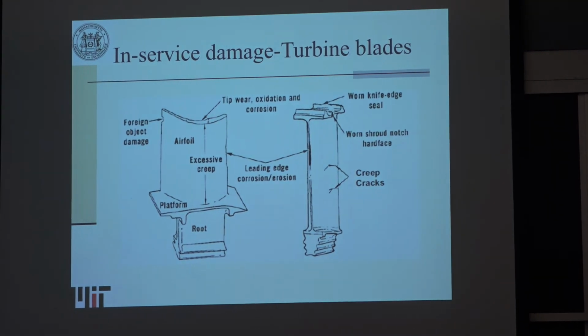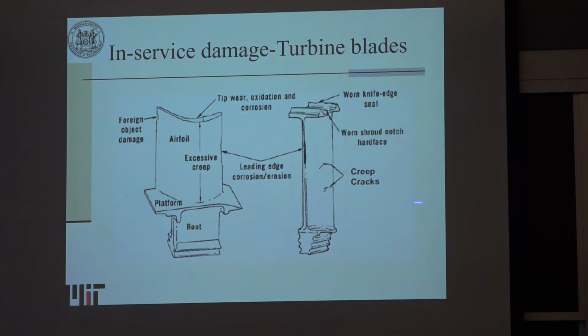So different degradation mechanisms have different hot spots. Foreign object damage is often on the leading edge because it's a real thin edge. Tip wear, oxidation, and corrosion are often at the tip, and then creep is oftentimes mid thickness of the blades. So different locations have to be evaluated for different degradation mechanisms.